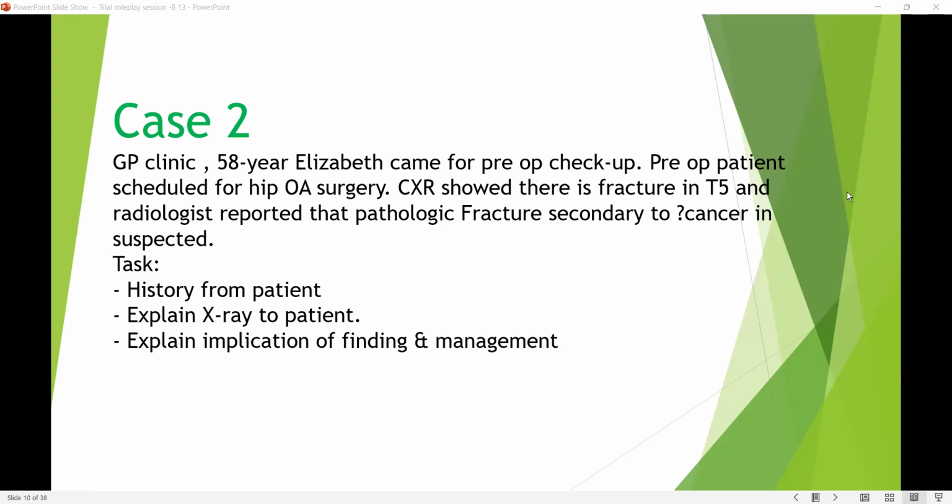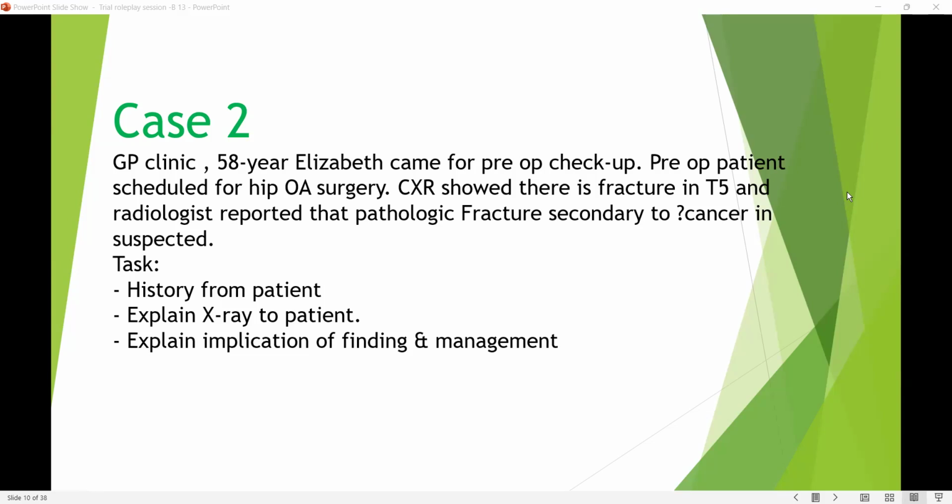Okay. Hi, Elizabeth. This is Dr. Zeskala, one of your doctors treating you today. May I know what's the problem with you? Hi, doctor. Today I'm coming for just pre-op investigation. Okay. From the history, I came to know that you are having surgery, right? You are having a fracture in operation.